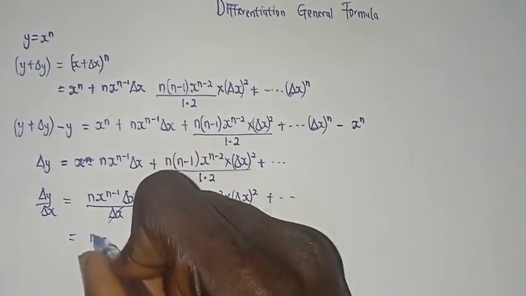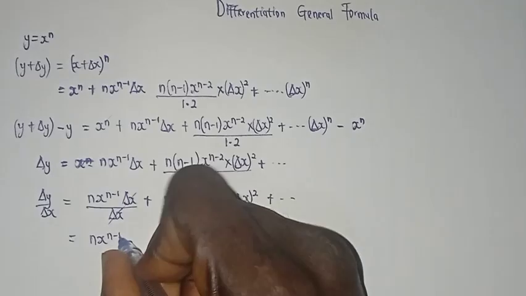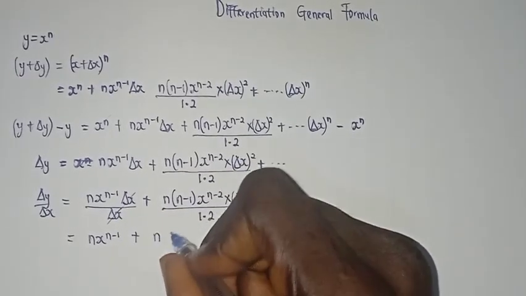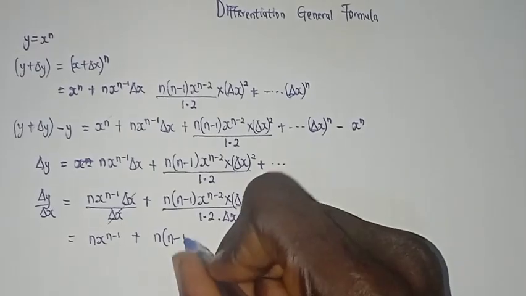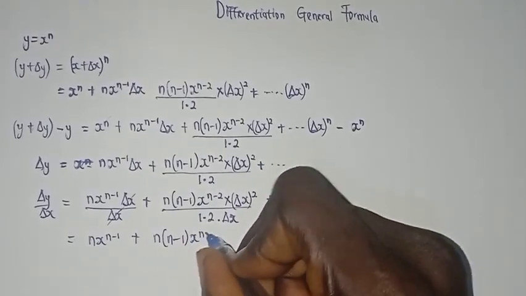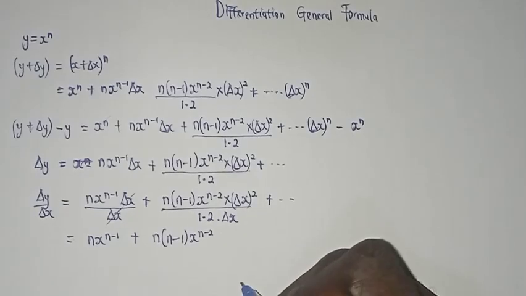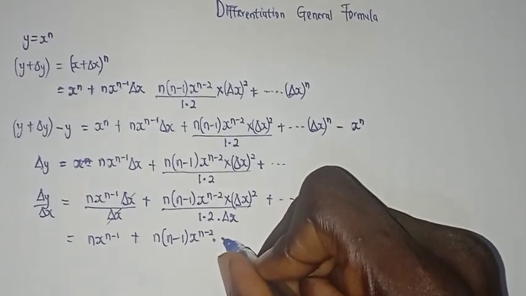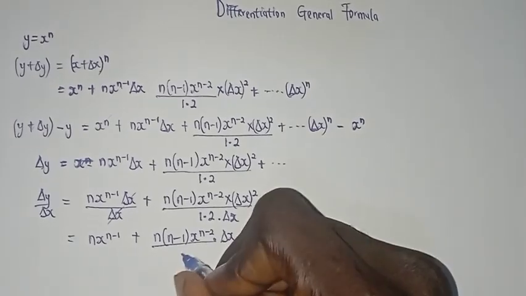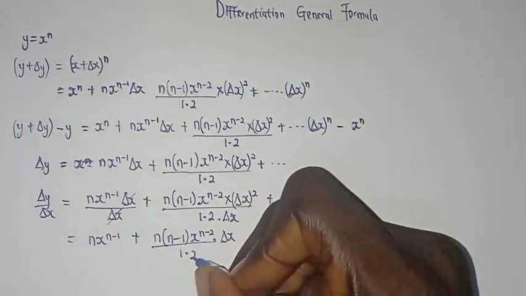We have n x^(n-1), right, plus n multiplied by (n-1) multiplied by x^(n-2), right? And then we'll have delta x. This is over 1, 2, right?